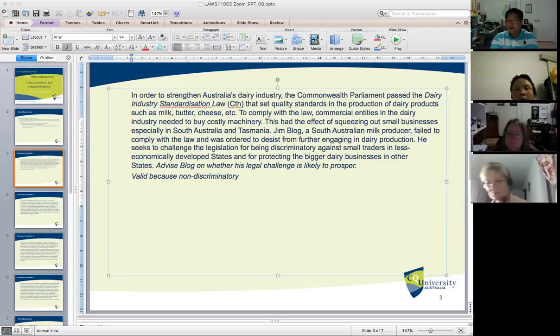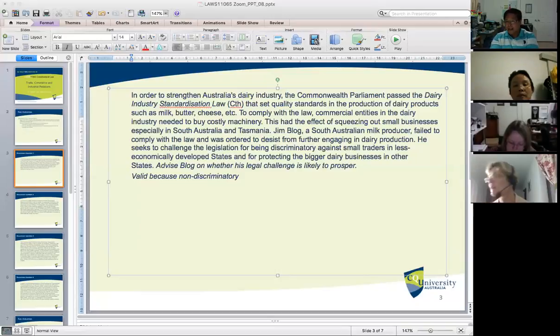And as pointed out by B, having said that, it is also crucial actually to determine whether or not the measures that are part of the legislation are reasonably connected or reasonably proportionate to the goals that are being sought to be achieved. So in other words, it is not enough that you can claim that it is a regulation, or it is not enough for you to say that it promotes the welfare of the people in general.